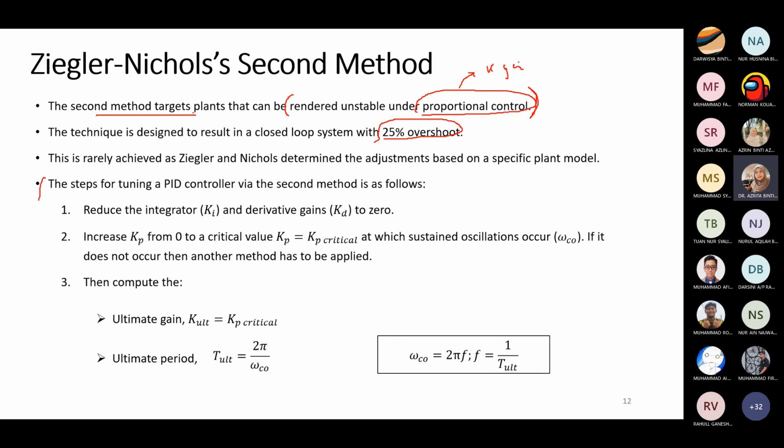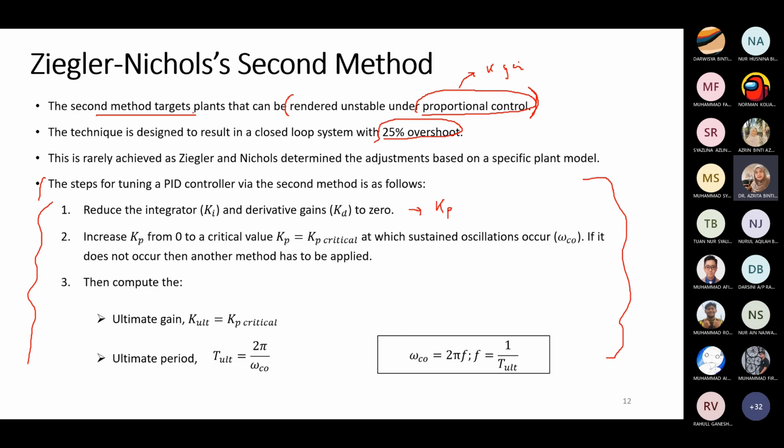And basically, the steps to tune the PID controller using this second method can be obtained from these steps. So the first step, we need to reduce the integrator KI and derivative KD to 0. That means we will operate our system with only the KP value because KI and KD are set to 0.